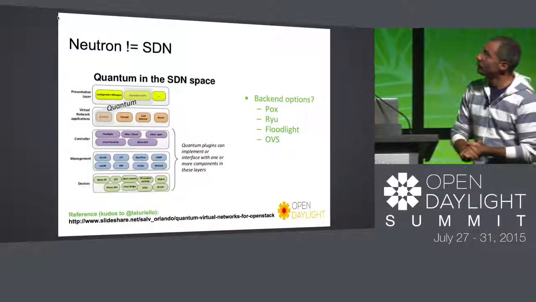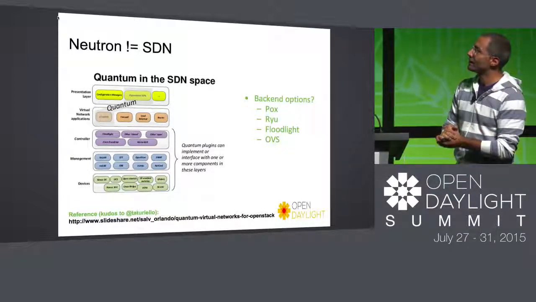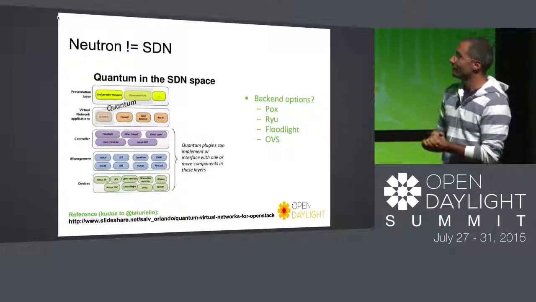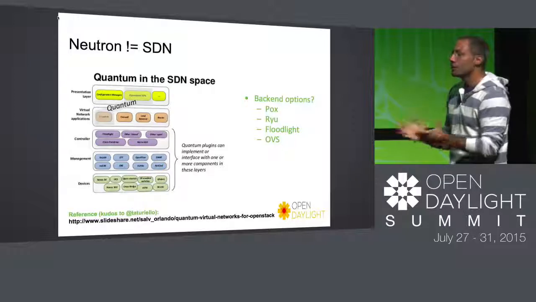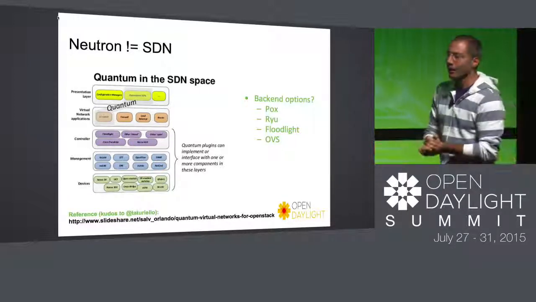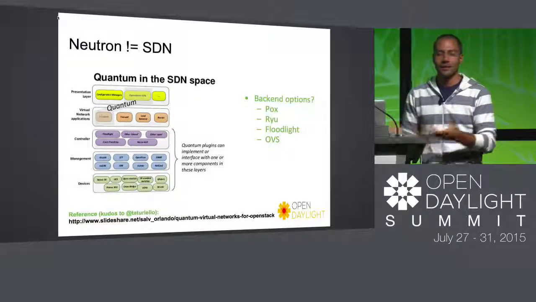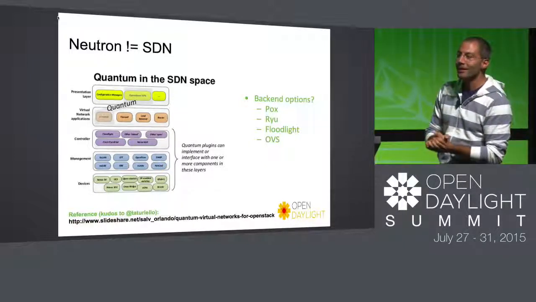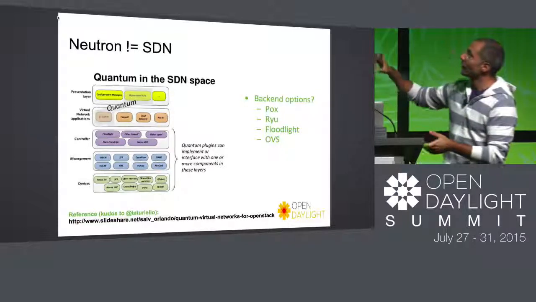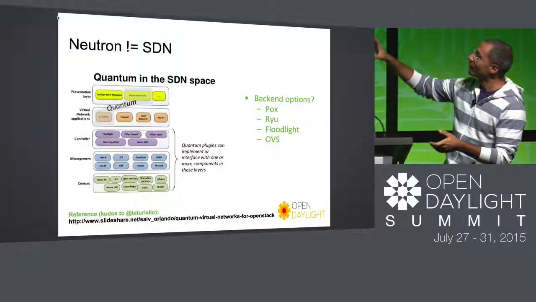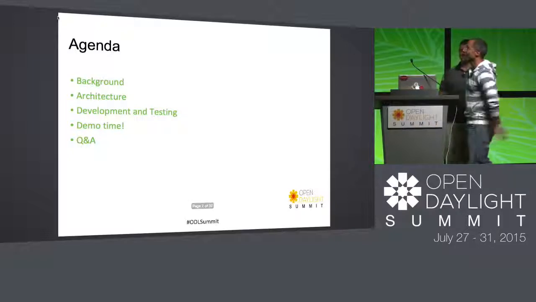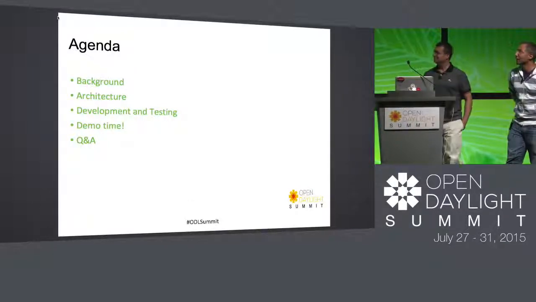Here I'm borrowing a quite old diagram that still references Neutron as Quantum, as it was formerly known, from a good friend of mine, Salvatore Orlando. Neutron is not an SDN. Some people might think it is, but that's a misconception, and Mark here can back me up. In this presentation, we're going to be talking about Neutron and OpenDaylight. Even though there are mythology references in this presentation, we're going to keep it on the technical side of things.